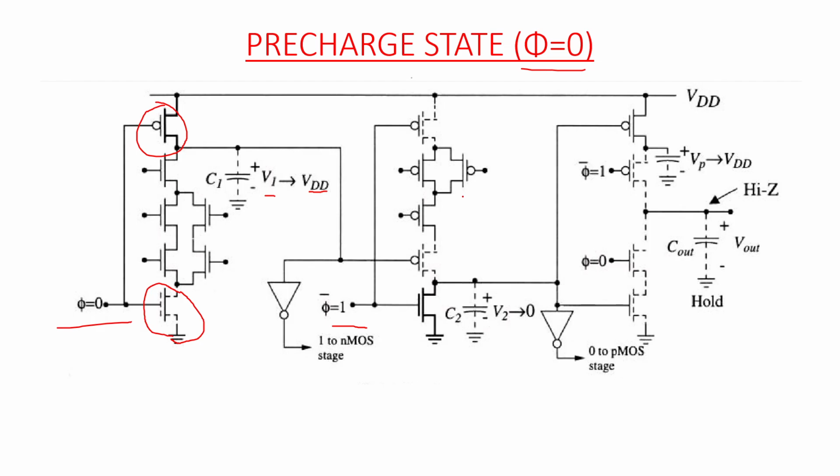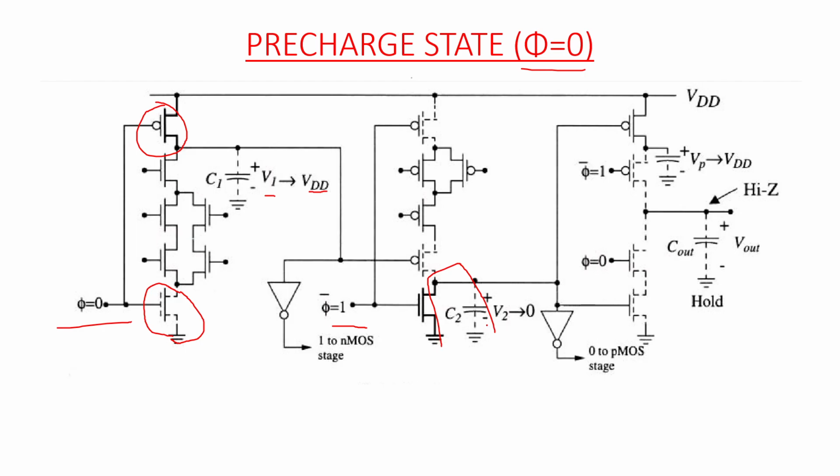Now come to the PMOS logic. Here this NMOS is in on state because phi bar equals 1. As you can see this capacitor is now getting connected to ground through this closed NMOS transistor.